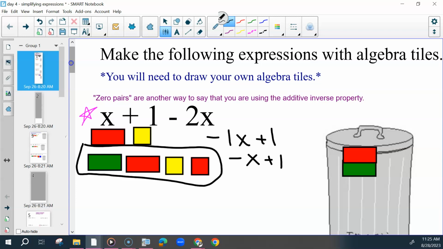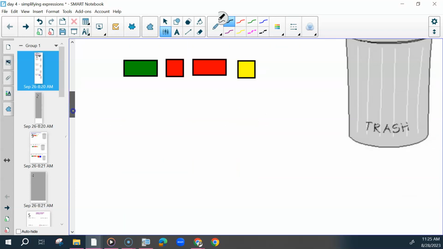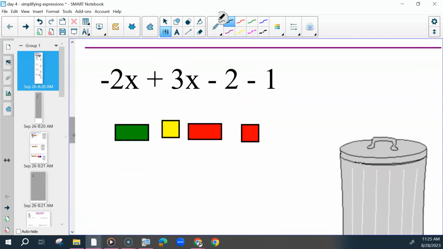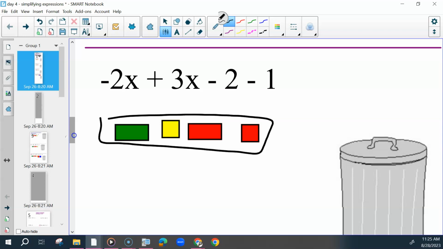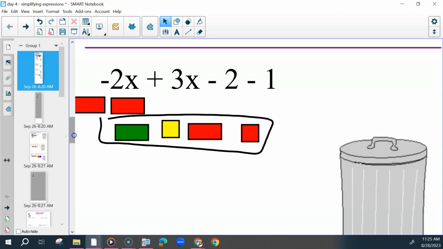Alright, let's do not the next one, but the one after that. This one. How would we model negative 2x? Two of the negative rectangles, the x bars, the red.